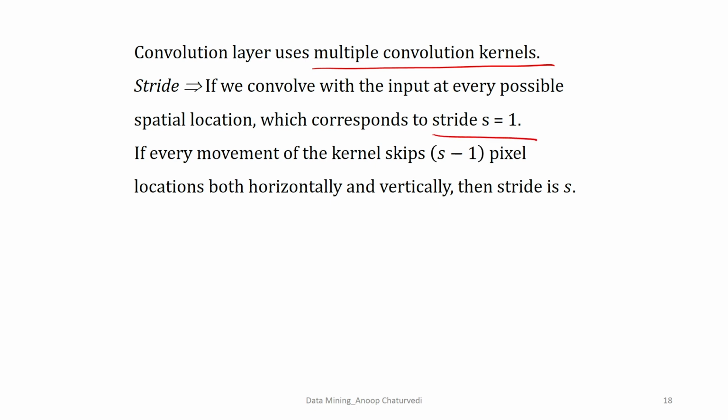So, if we are applying the convolution operator for every possible spatial location, then we say that the stride is 1. On the other hand, if every movement of the kernel skips s minus 1 pixel locations both horizontally and vertically, then stride is s.